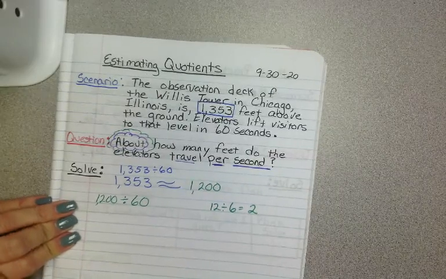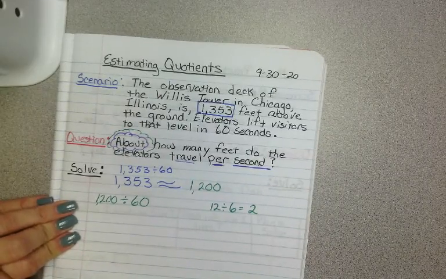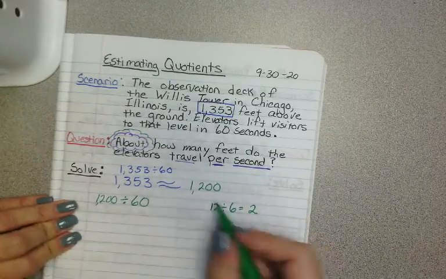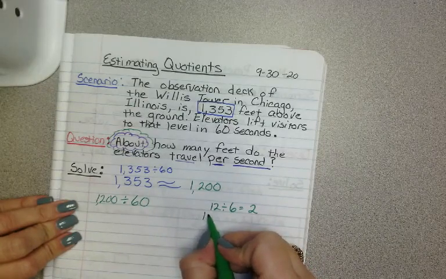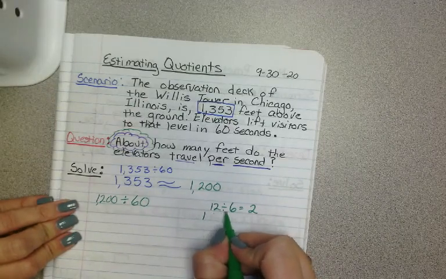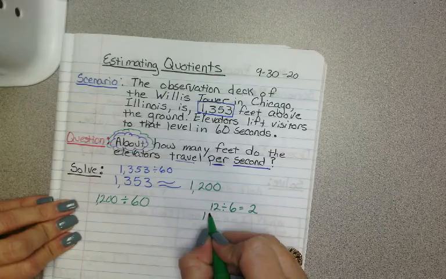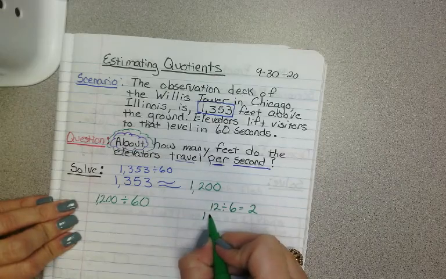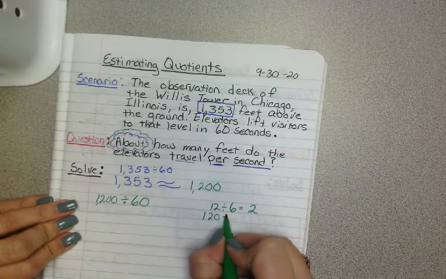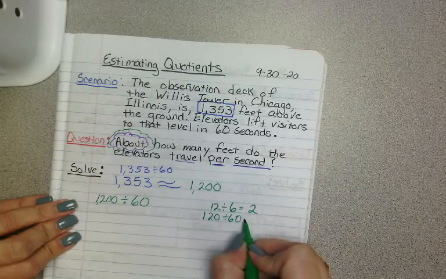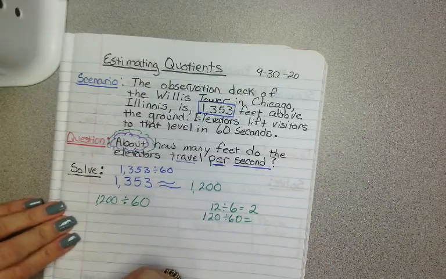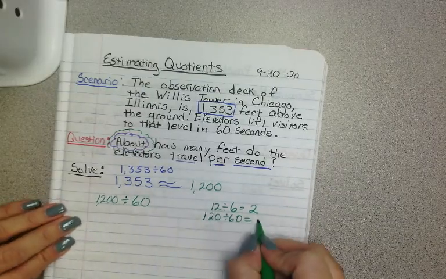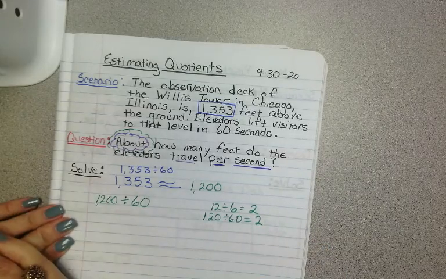Well, if I know that, let's say I bumped it up. If I add a 0 to both sides, 120 divided by 60, guess what that equals? If you said 2, you are correct. You're absolutely correct.